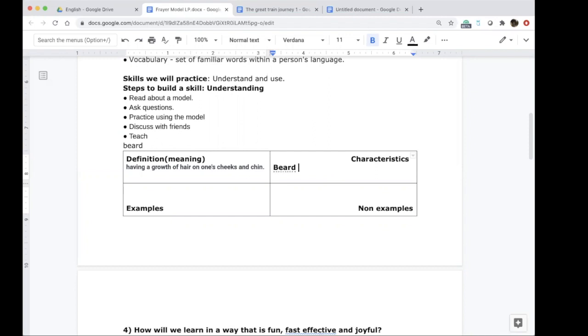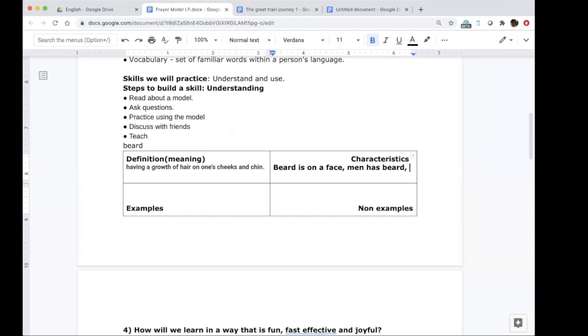Okay. So the beard is present on the face, you said one, so I will say one. Next one. Yes. Men have a lot of beard. Yes, men have beards. Very good. Can anyone else tell me one more detail about the beard? Think about what color the beard is.